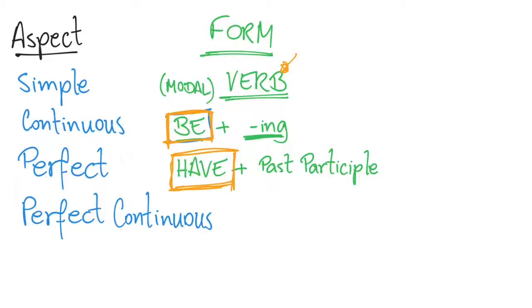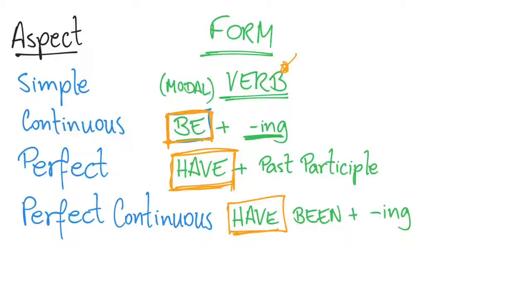It is have plus the past participle of be, so been, plus the ing form of the main verb, right? And have is the verb which will tell you in what tense your construction is. So if someone tells you this, I will have been studying that, that means what? Will have, that's the future. Will have been studying, that is the future perfect continuous. So once you have understood that, you'll have a clear idea of the form.